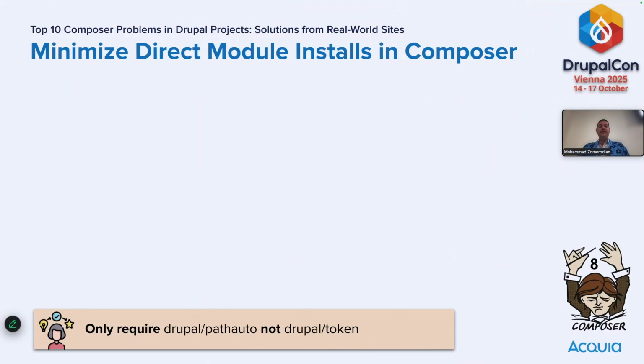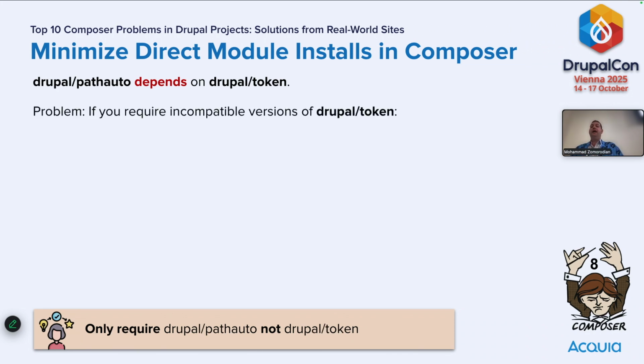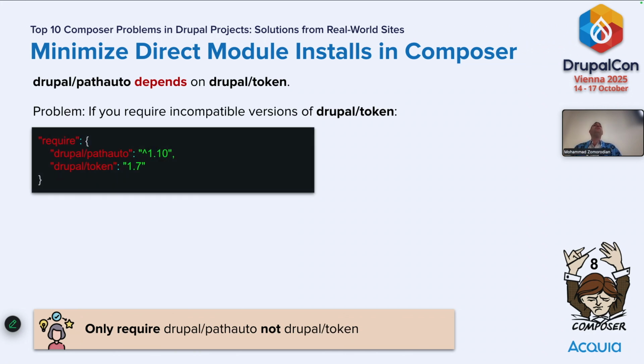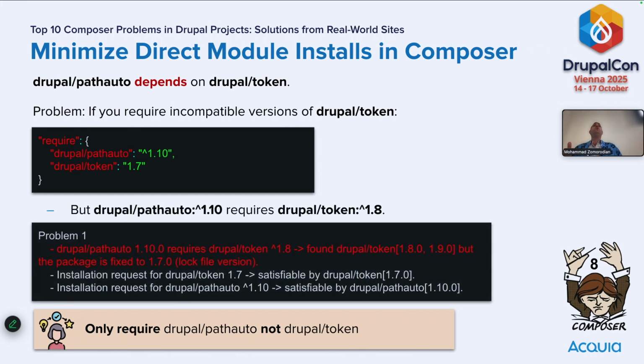Now look at this error. We know now that Pathauto depends on Token. And the problem here is if you require an incompatible version of the Token module in the require section of your composer.json, that's going to cause a problem for Composer, and you're going to get one of these conflicts.